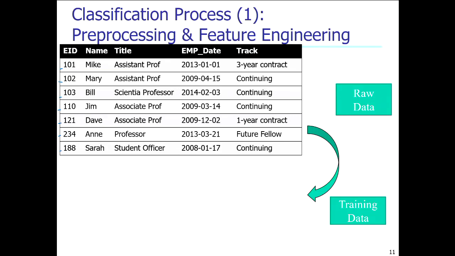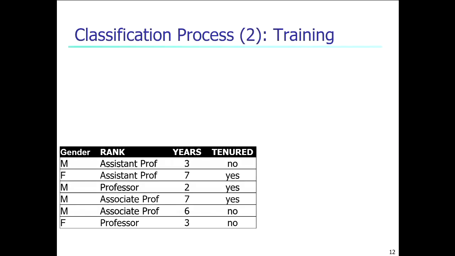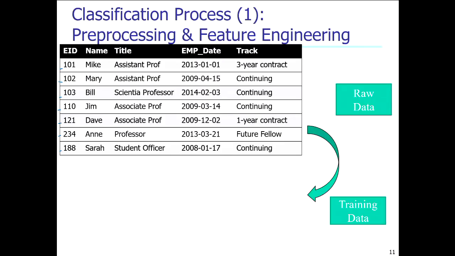But we really need to say that we want to predict whether someone is tenured or not. Here in Australia, we don't call it tenured, it's called continuous or contract. In a university, you sign up for either a continuous job position or a contract job position.